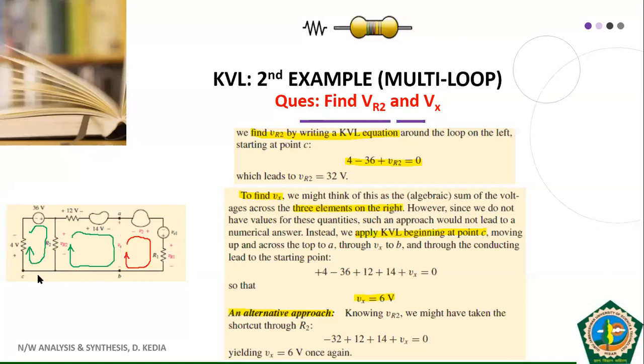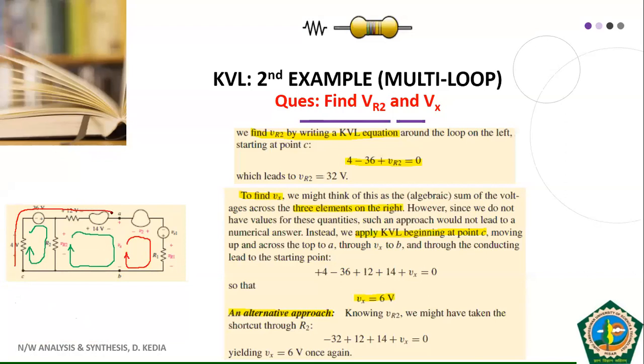So you see here, let me use annotation, then you will be able to understand. We are starting with this point. We are entering into 4 volt. Then we are entering into 36, that is the minus side, minus 36. We are entering into plus 12.